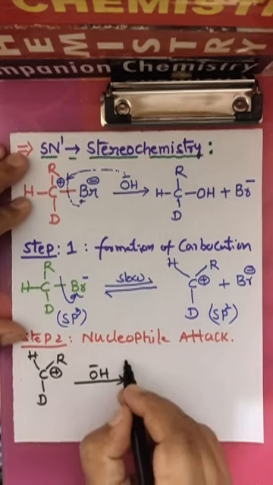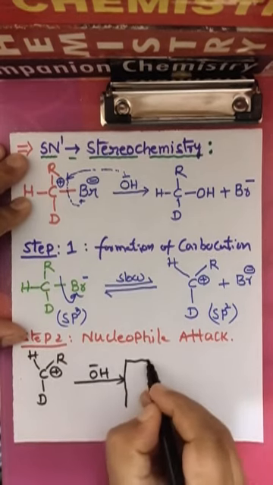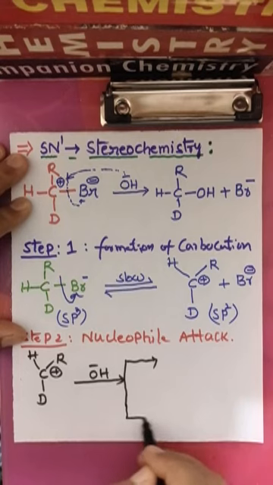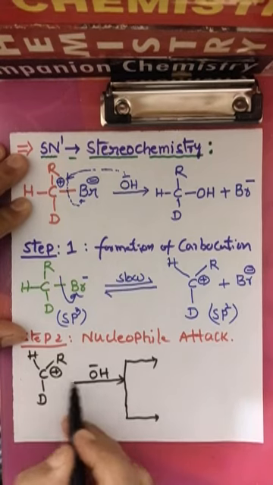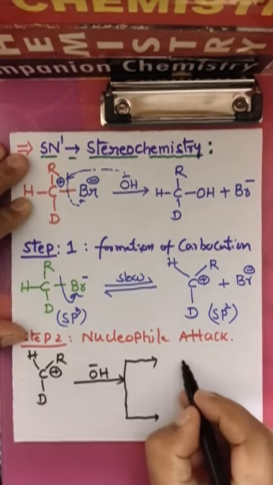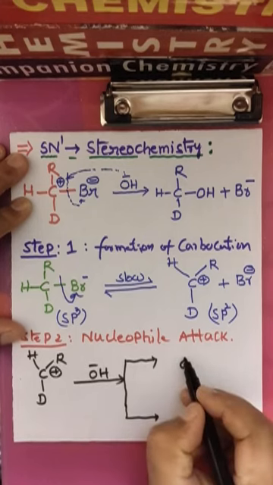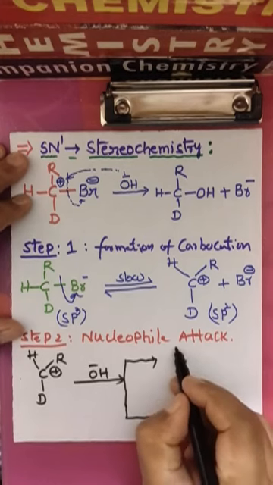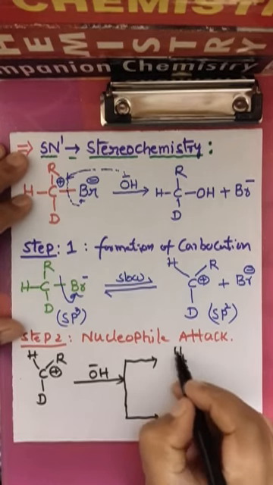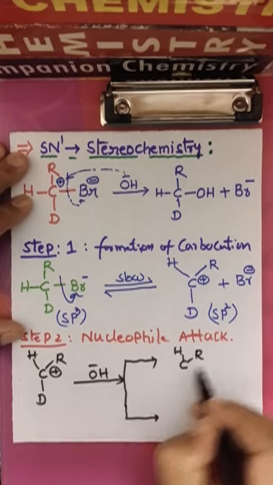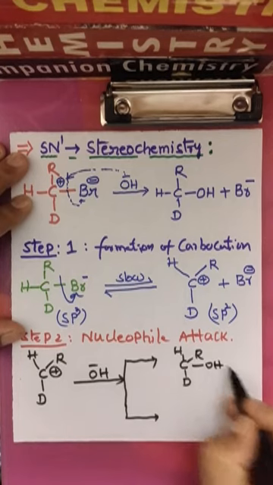Let me go for that. Front attack and back attack. If the nucleophile attacks from the front side, then the product you are getting here is C H R D OH.